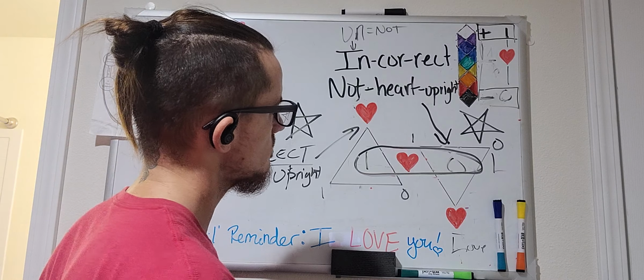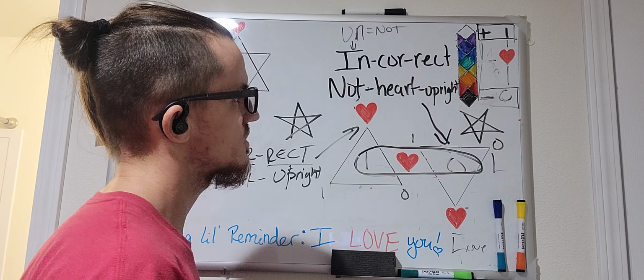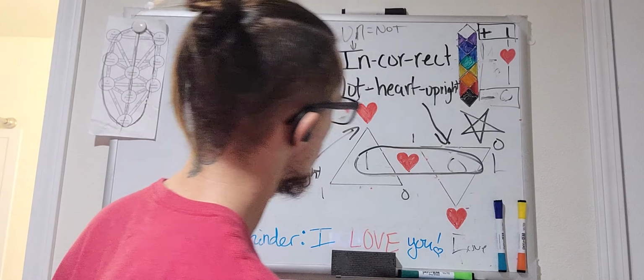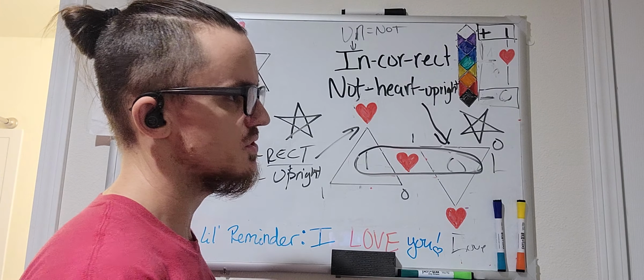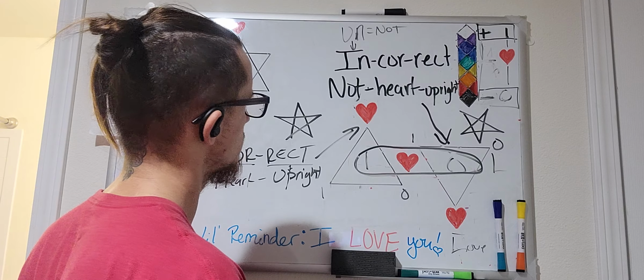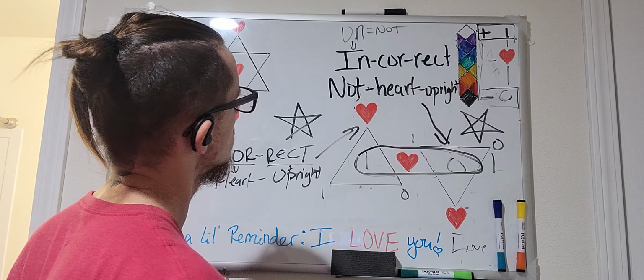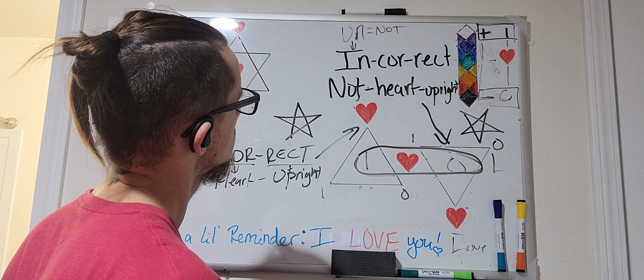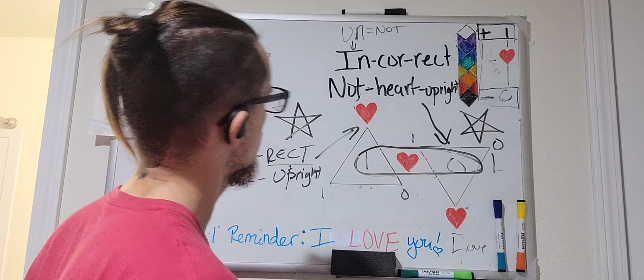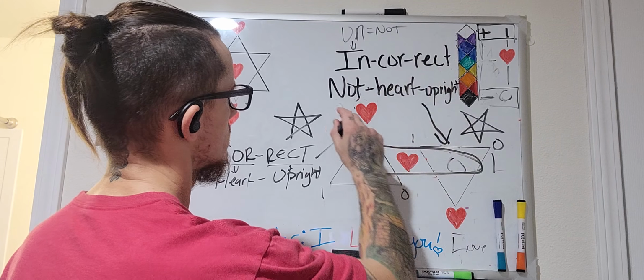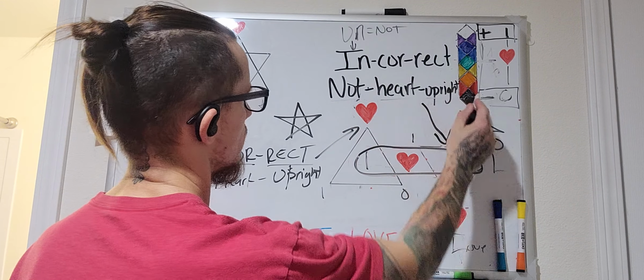Now, of course, these are judgments, but not necessarily against people. But some people use this sort of information to judge people. I prefer to stick to judge not, that you be not judged, and judge righteous judgment. So, incorrect, not heart upright.